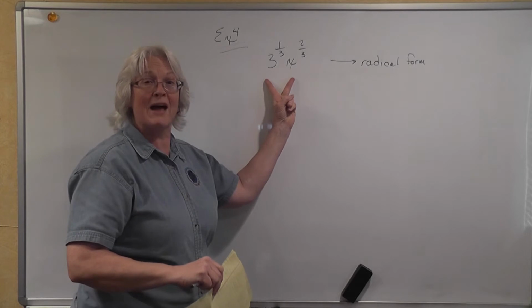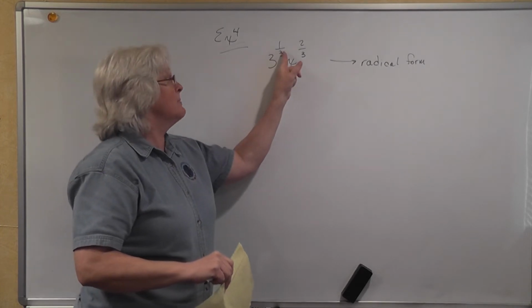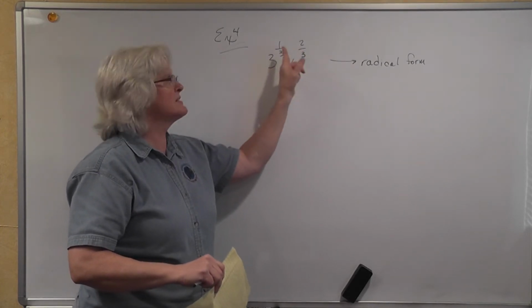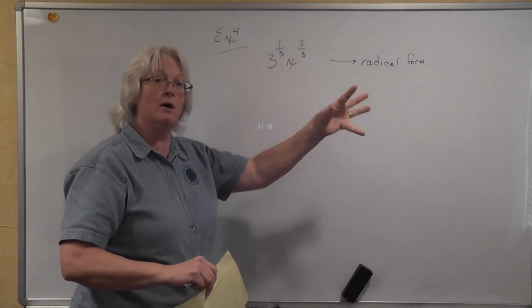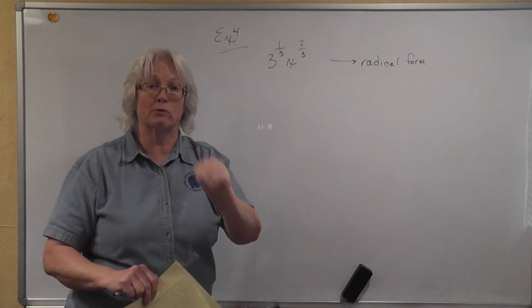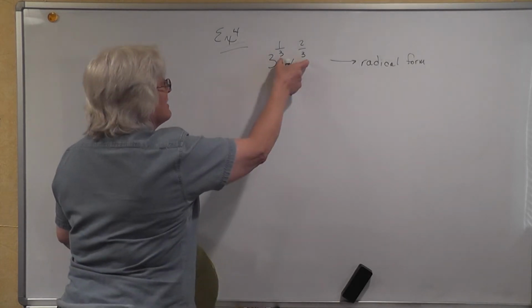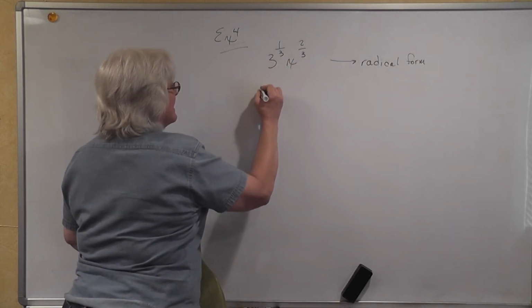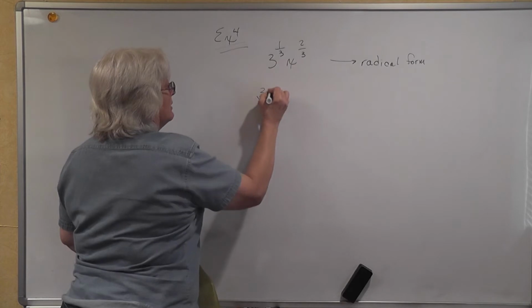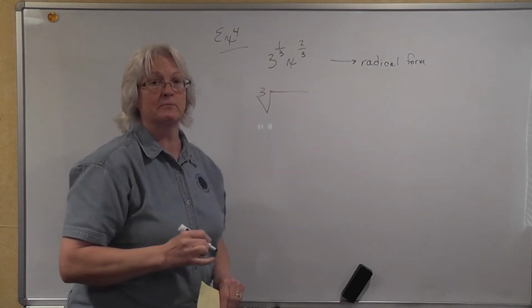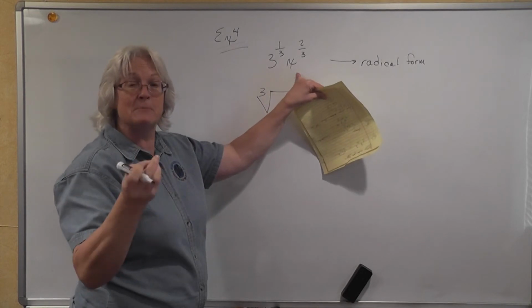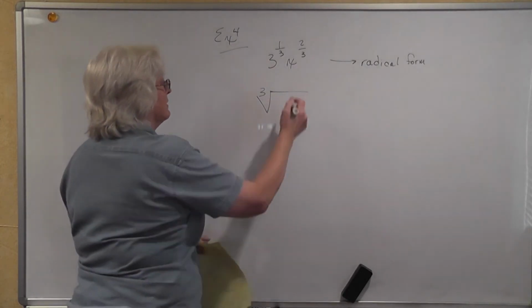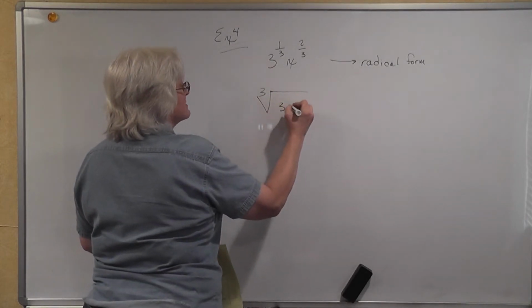But the two factors have the same bottom number, or the same denominator. Where does that bottom number go when you're using radical symbol notation? That bottom number is the index. It comes before you write the radical sign. These numbers here, the bases, make up the radicand. So we have 3x.